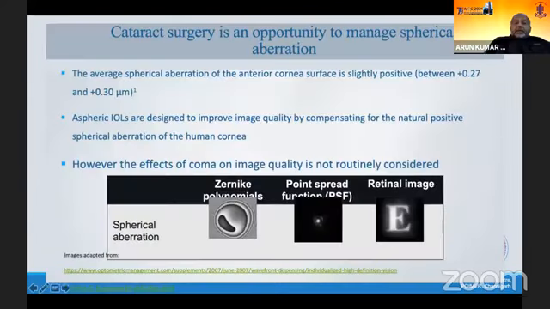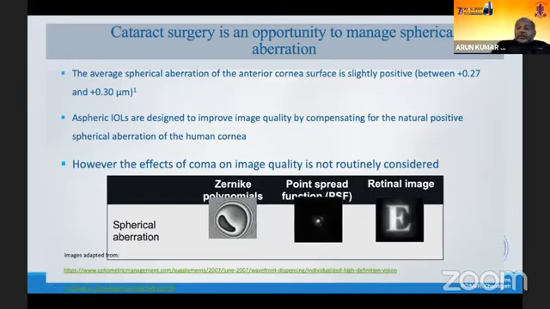Cataract surgery is an opportunity to manage this spherical aberration. As we have said, the corneal average is between plus 0.27 and plus 0.3, and aspheric IOLs are designed to improve the quality of vision by compensating for this naturally positive spherical aberration of the human cornea.